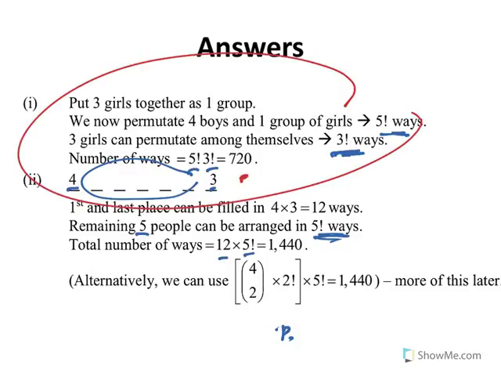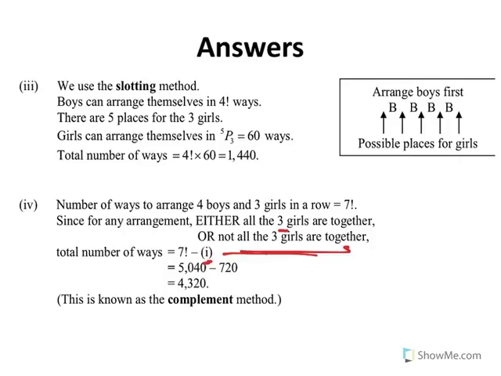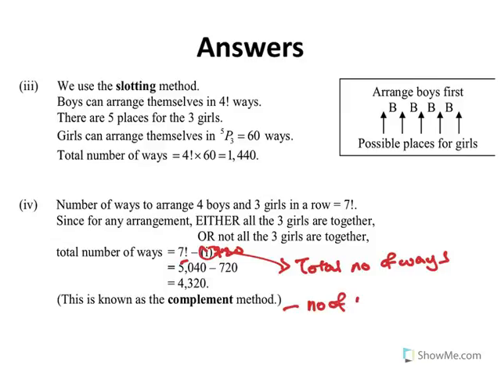So part 1 answer is 720. So you can just take 7 factorial minus 720. So I'm taking the total number of ways, subtract the number of ways where all 3 girls are together.